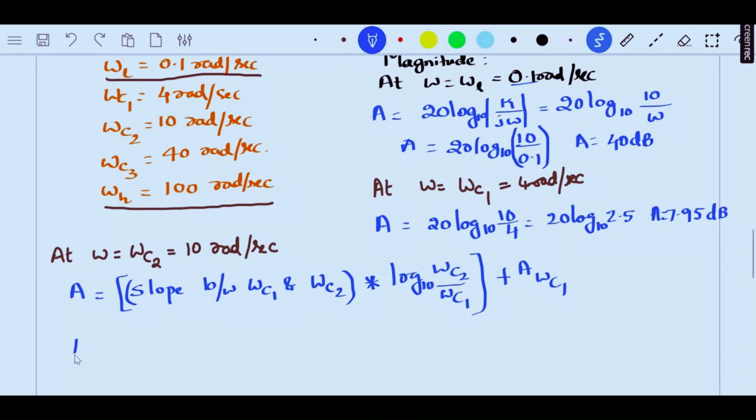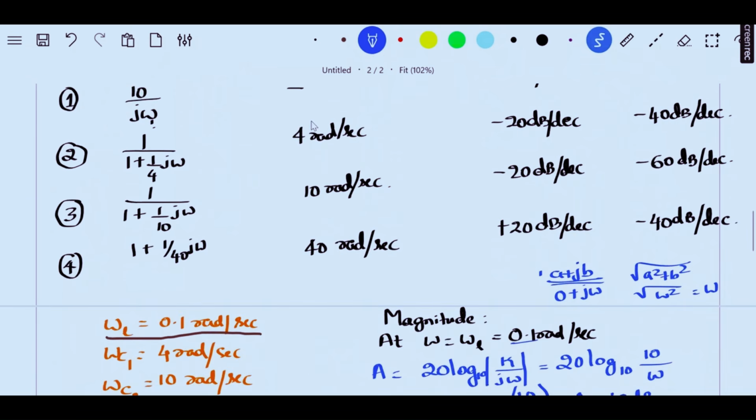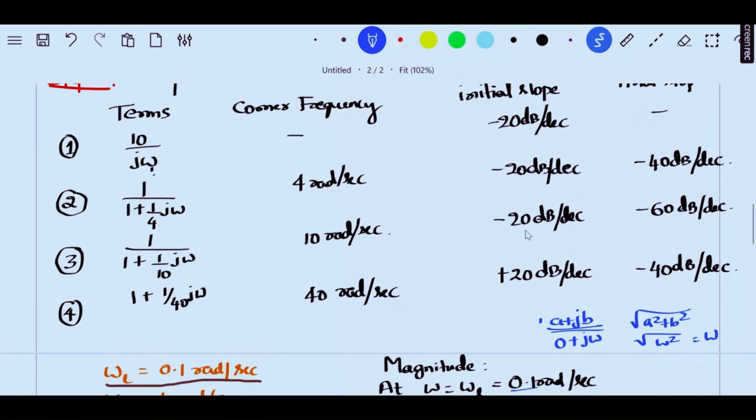Now if you go back to the table and see what was the slope between omega C1 and omega C2, the slope was minus 40 dB per decade. This will be the slope between omega C1 and omega C2, this will be the slope between omega C2 and omega C3, and this will be the slope between omega C3 and omega H. So minus 40 dB per decade was the slope between omega C1 and omega C2.